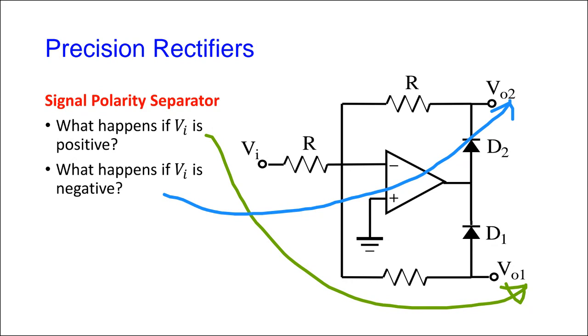Here's a circuit that will take the input and basically separate the two. So one of the outputs will respond when the input is positive, the other one will respond when the input is negative. Make sense? Very nice application.